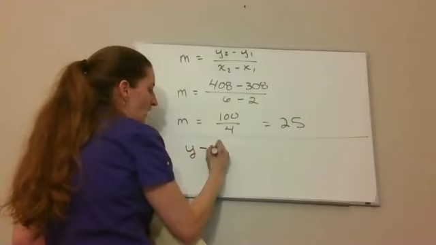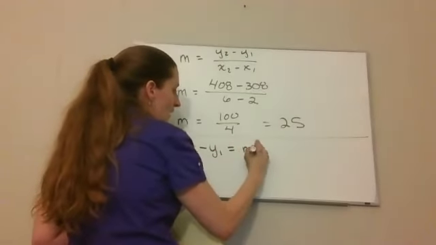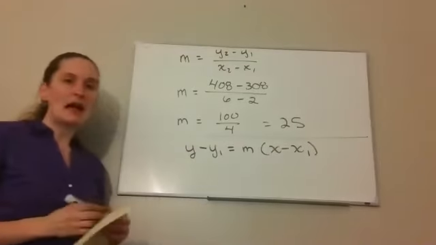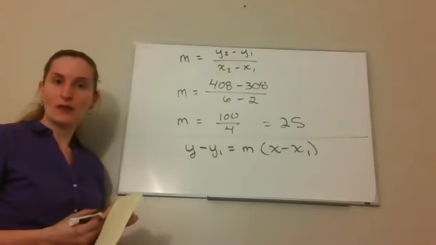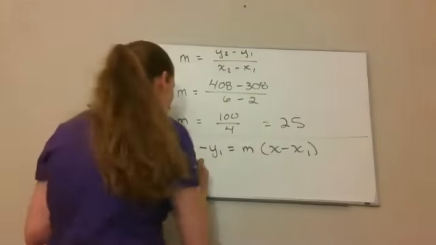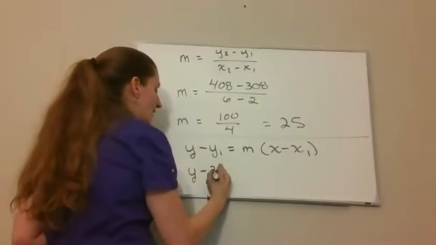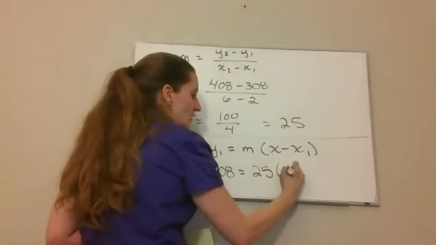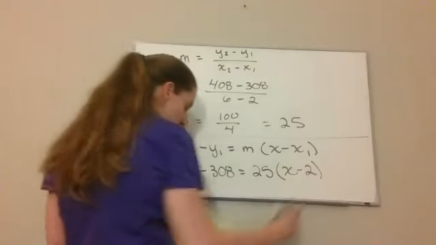And we're going to use y minus y1 equals m times x minus x1. And for my x1 and y1, I'm just going to use that first point they gave us, that 2 and 308. So I get y minus 308 equals the slope that I found times x minus 2.